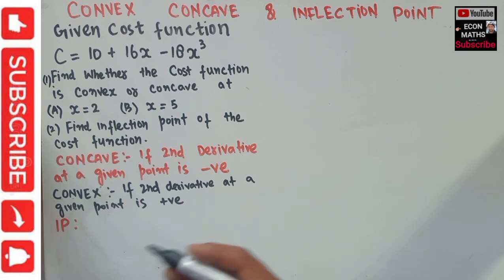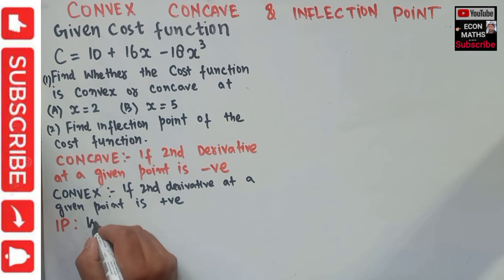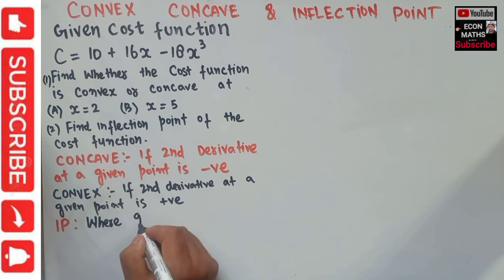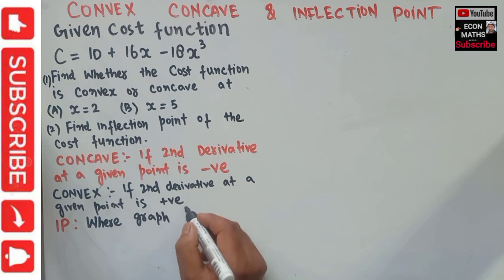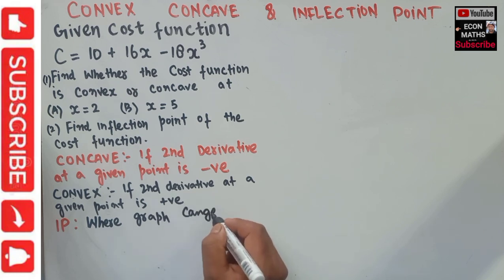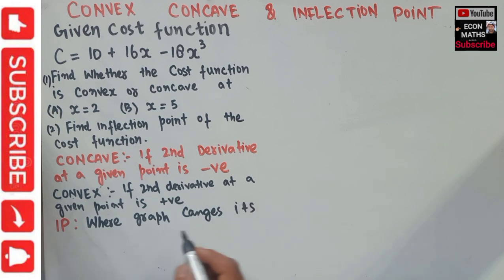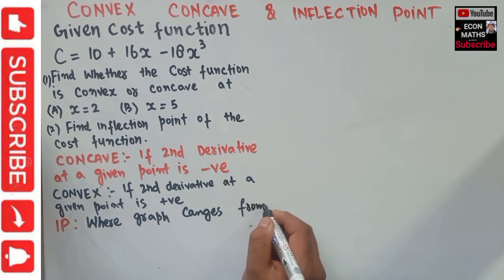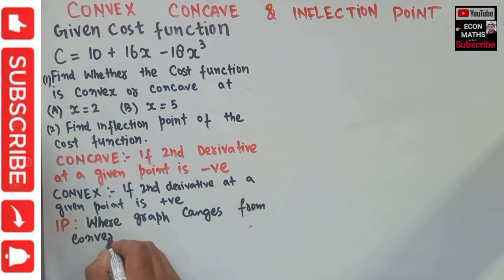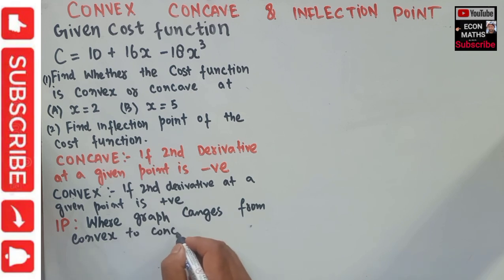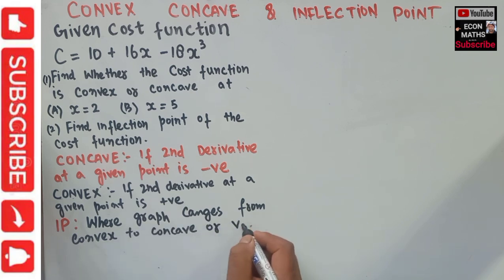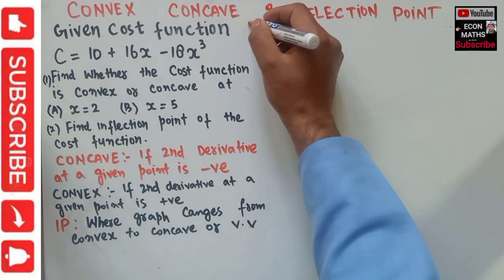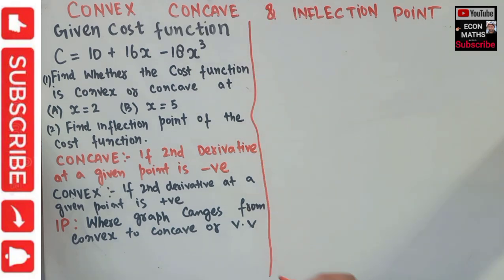An inflection point is a point where the graph changes its convexity or concavity, from convex to concave or vice versa. Graphically, what is meant by this, I will also explain.